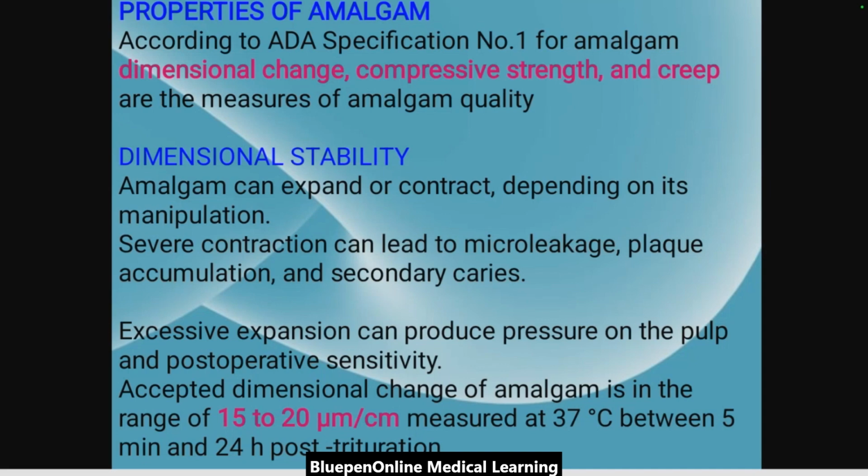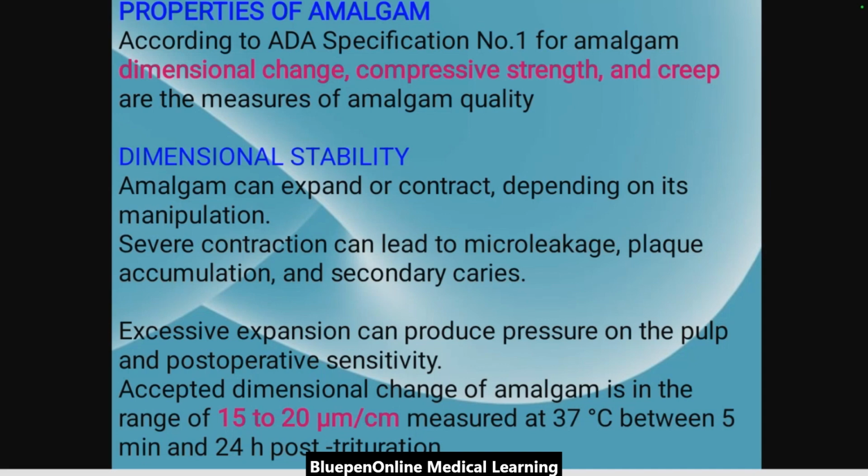It will lead to formation of gaps between the cavity walls and the dental amalgam restoration, which will lead to microleakage through which there will be seepage of the oral fluids. Plaque accumulation will occur in that area, and both the seepage of oral fluids and the formation of plaque will ultimately lead to secondary caries under the restoration.